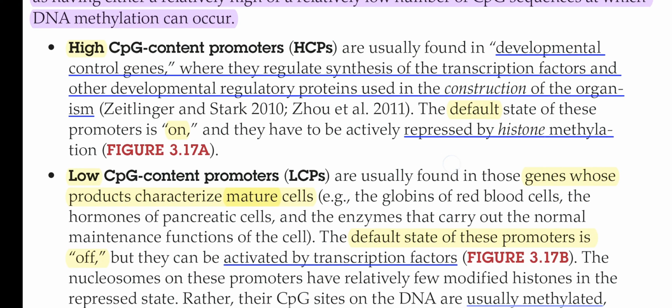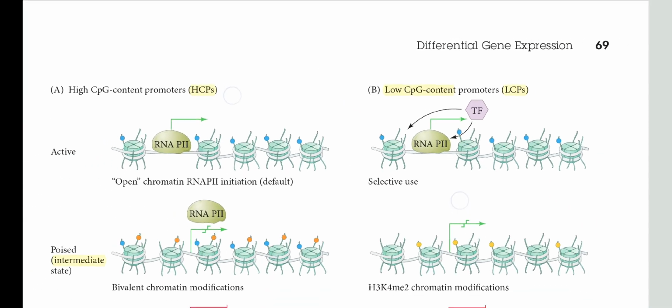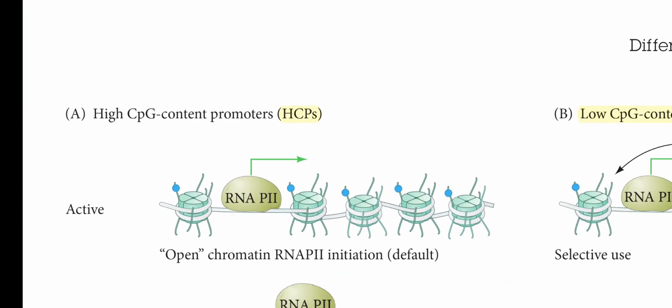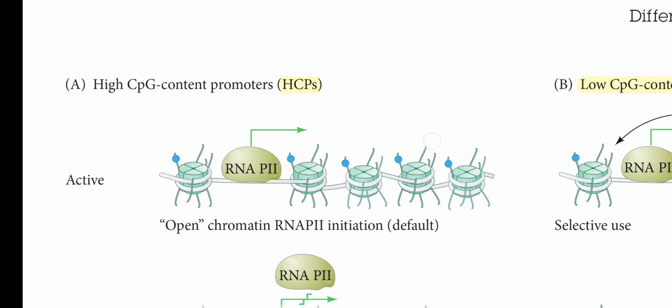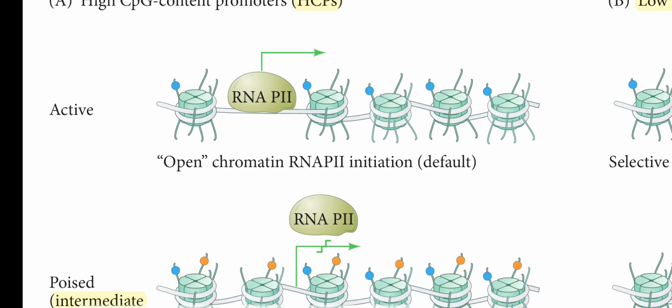So let me once again clarify in this picture. You can better understand. Here you can see a high CpG content promoter. So RNA polymerase II can easily bind here, and its default is open.